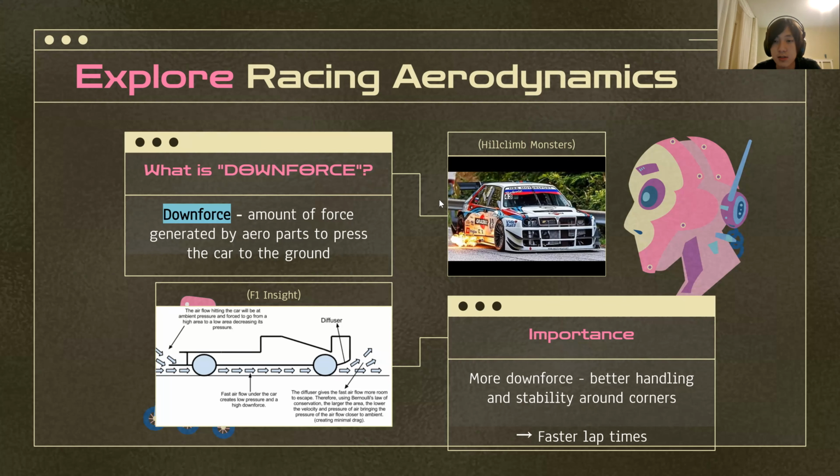On the top, you see a picture from Hill Climb Monsters, a YouTube channel. It's a Lancia Delta with a fully redesigned aero package, and it's actually an active rear wing. Down here you can see the F1 inside picture, explaining how downforce is generated on Formula cars.